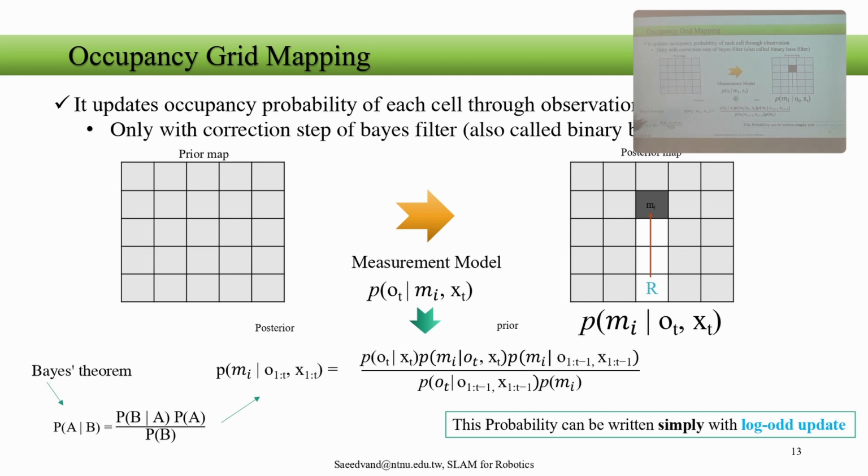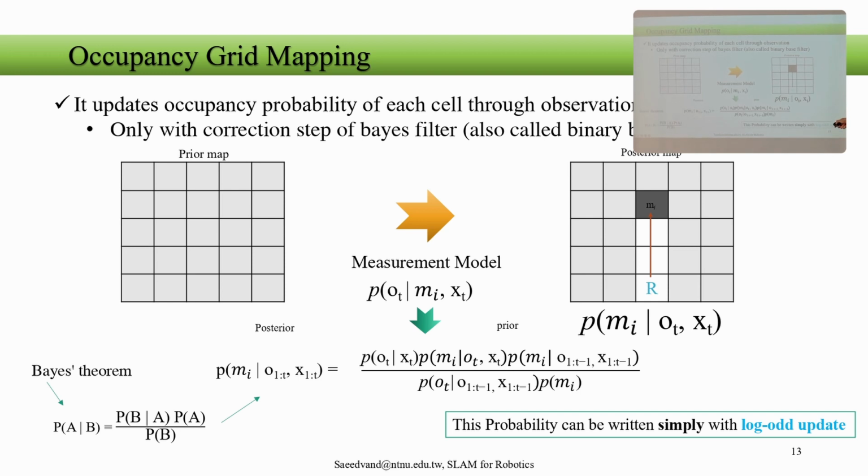By applying this simply, of course, the term looks a little bit big or complex, but if you look at this term over here, we just apply the Bayes theorem on this form to calculate the probability of the measurement model. But the calculation of these in math has some difficulties and challenges.